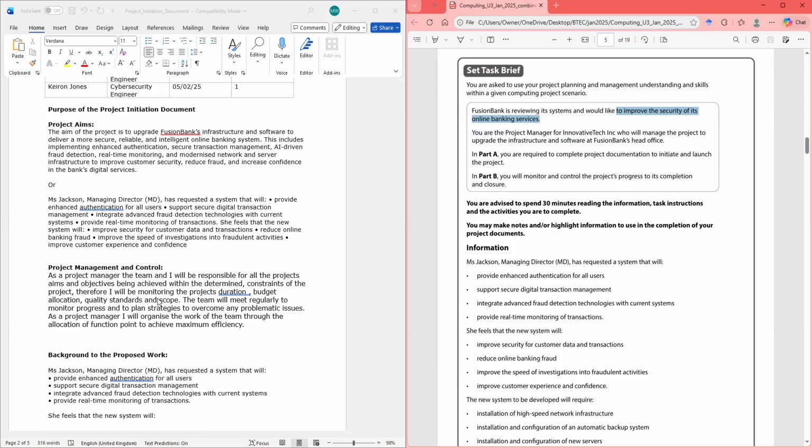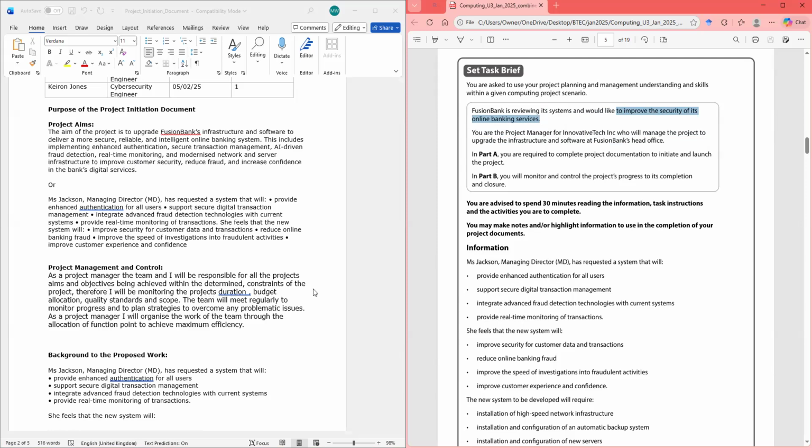All right, so that's the objective, right? And also to enhance it for all users. The objective is to enhance it for all of them. So you could just copy and paste it in here, right?